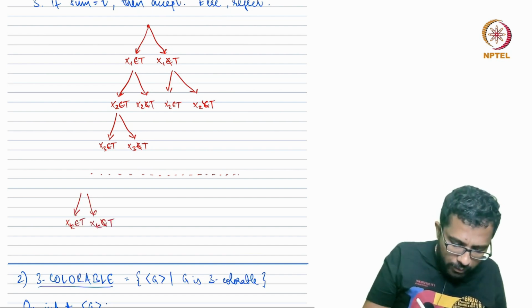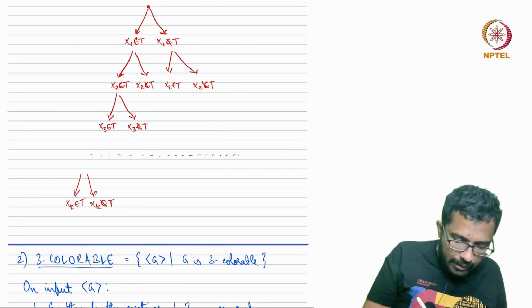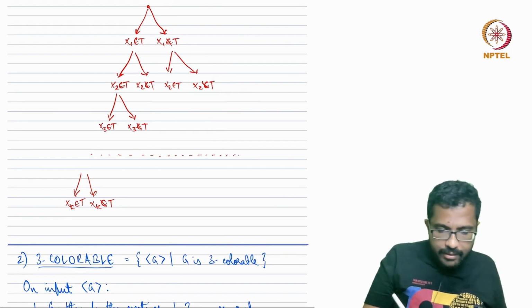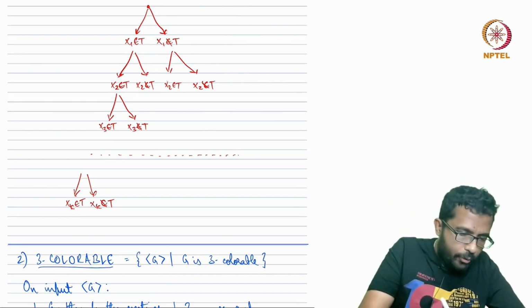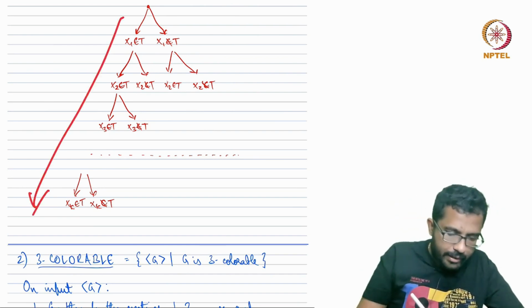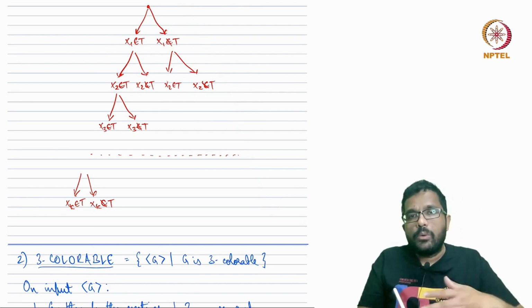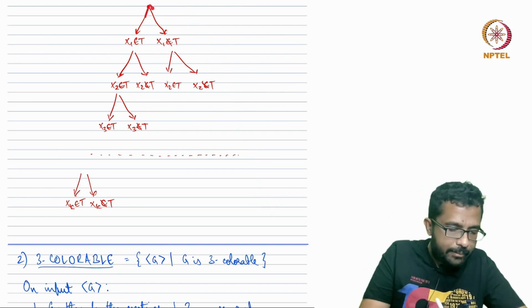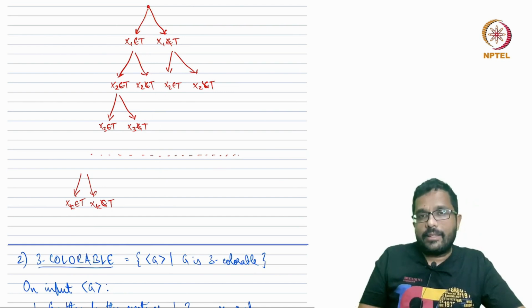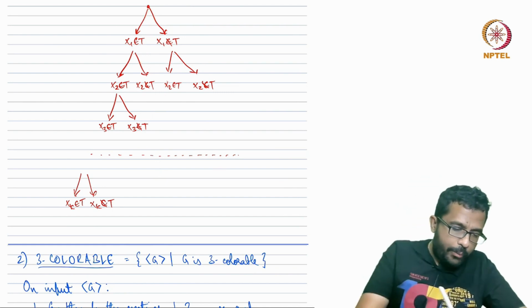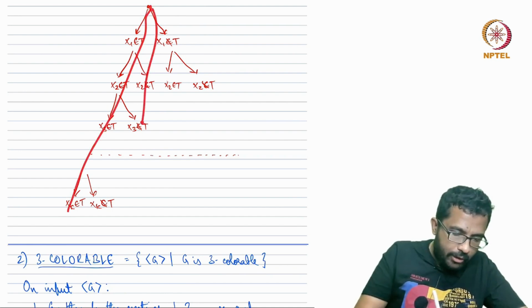Altogether we'll have 2^k such paths, starting from the leftmost path where everything is included, to the rightmost path which is basically an empty set where no element is included, and everything in between where some things are included and some are not. Now we have these non-deterministic choices.